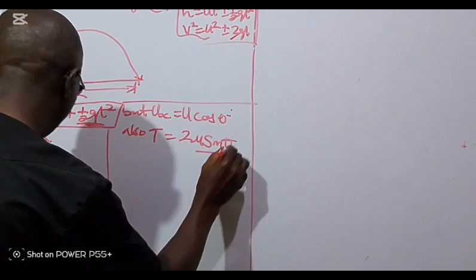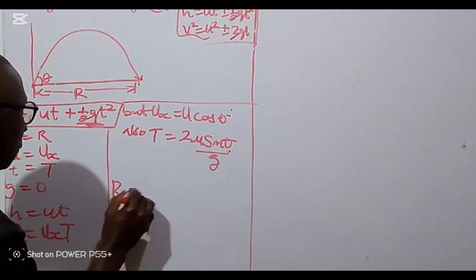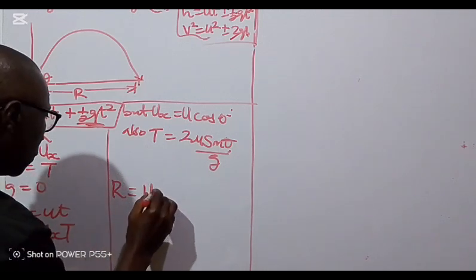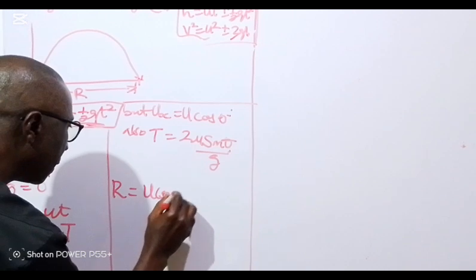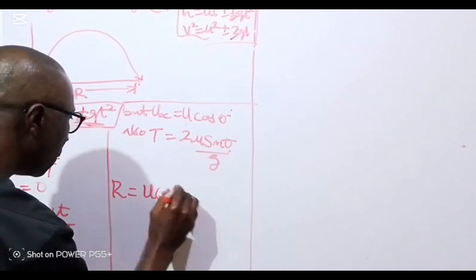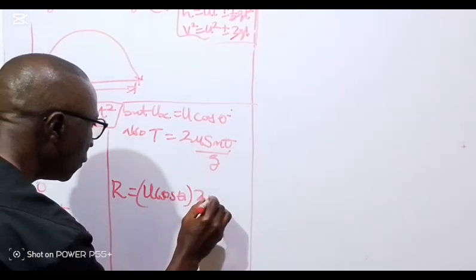Writing the two together, our R will be equal to u cos theta into bracket 2u sine theta over g.